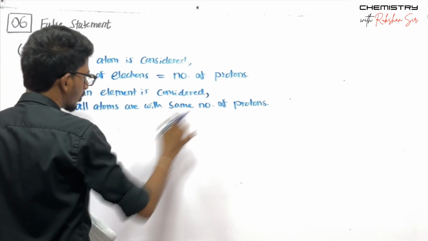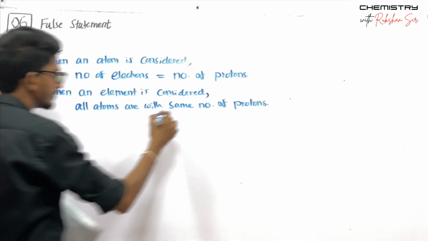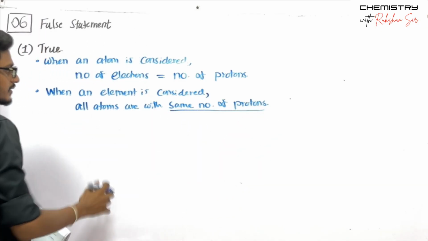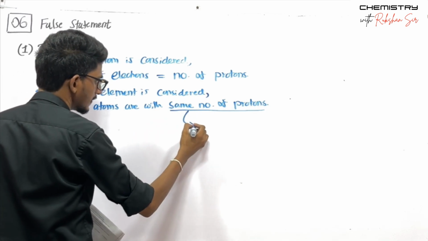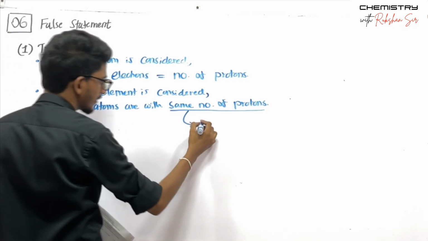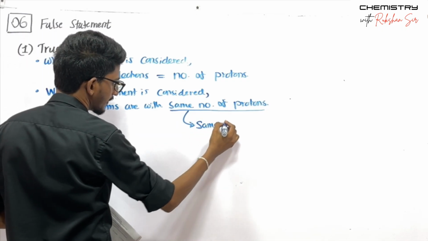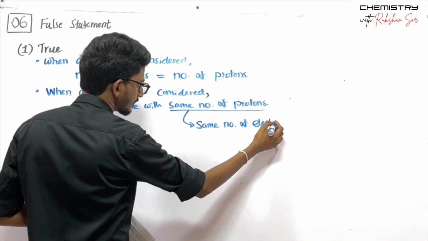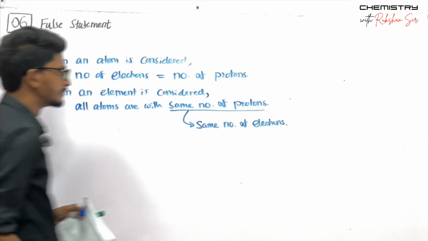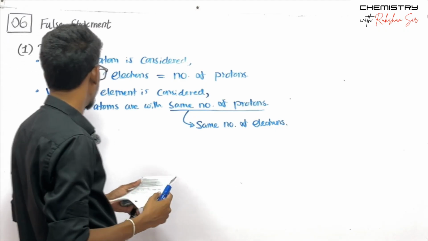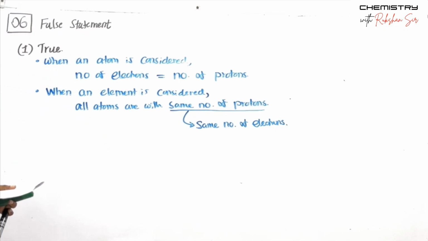Same number of protons means, as the number of protons is equal to the number of electrons, the same number of electrons as well. So when an element is considered, all atoms have the same number of electrons.